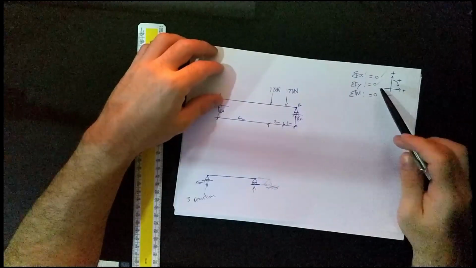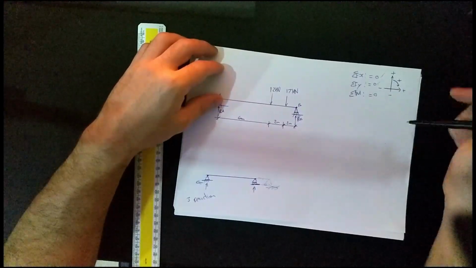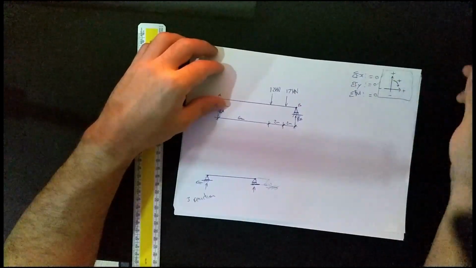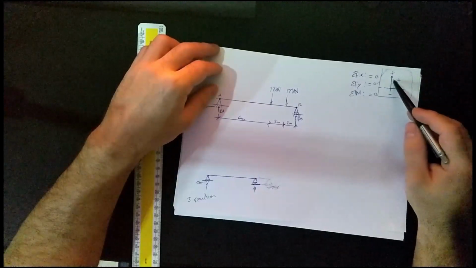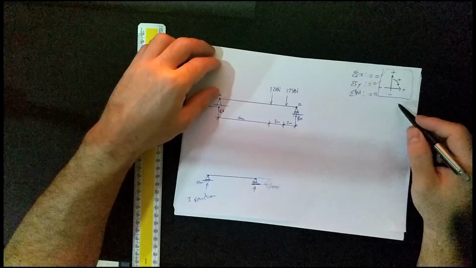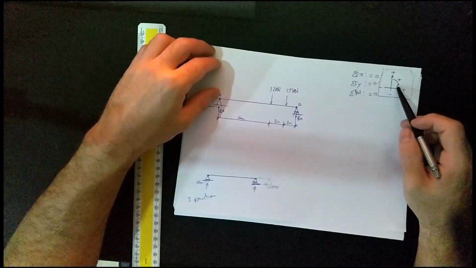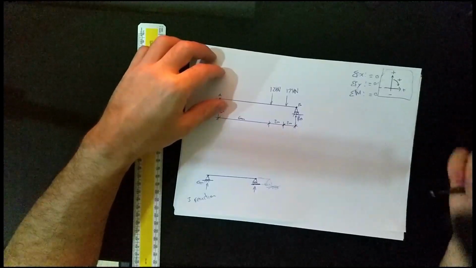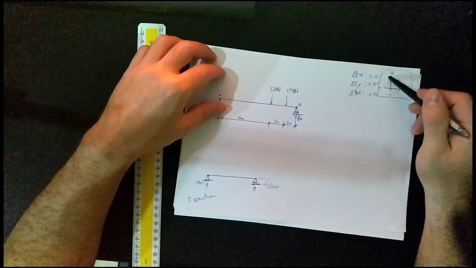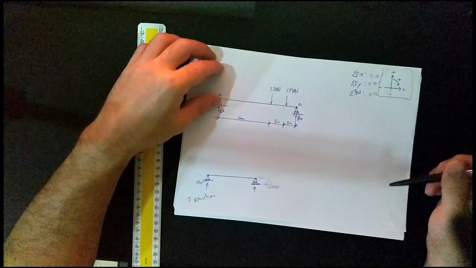Consequently, this is negative and this is negative, if you can see that. And then a moment arrow, rotation in this direction, which is clockwise, is positive. Consequently, if it's going the other way, negative.